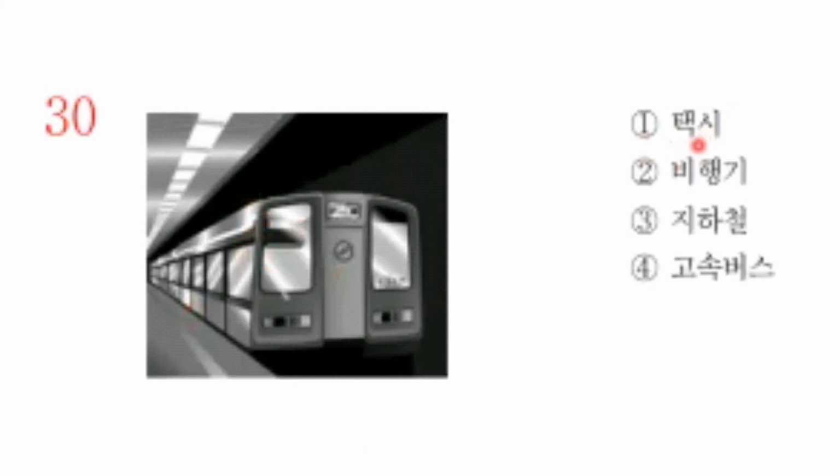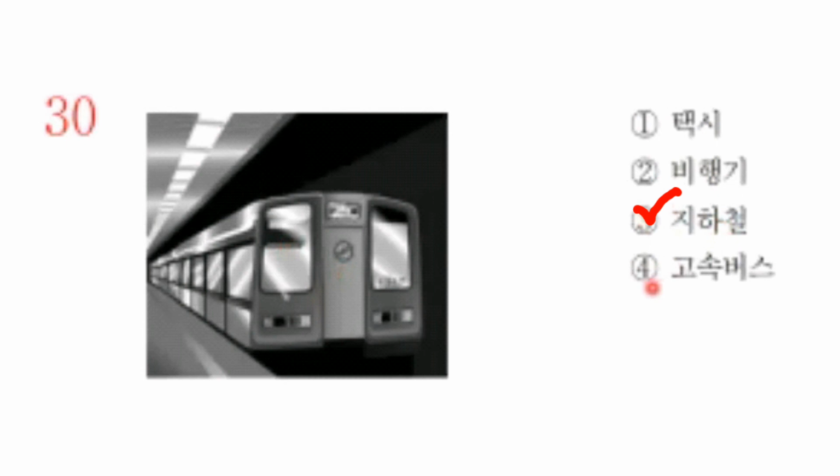Same lang siya sa English, taxi. Okay, so it's not taxi. Number 2 is bihengi. Bihengi is what? Airplane. So it's not the correct answer. And number 3 is 지하철. Okay, can you remember? 지하철 means subway. So the answer for number 30 is number 3.